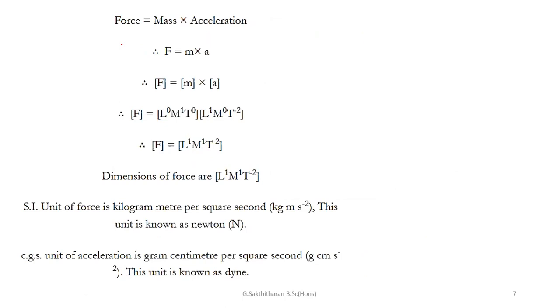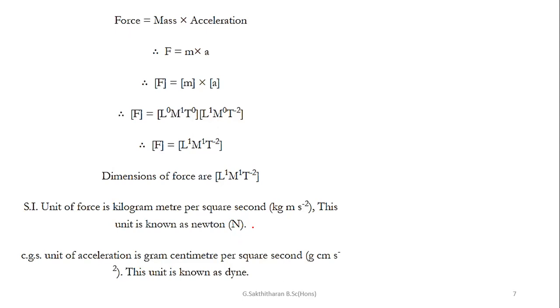Some physical quantities have special names of units. Here, the unit of the force is Newton. The Newton is capital N, because Newton is the name of one of the scientists. We are using the scientist's name's first letter as a unit, so we should write it in capital letters.